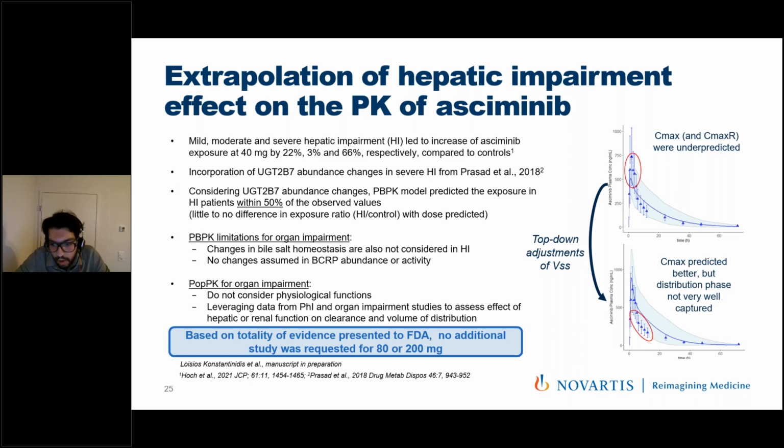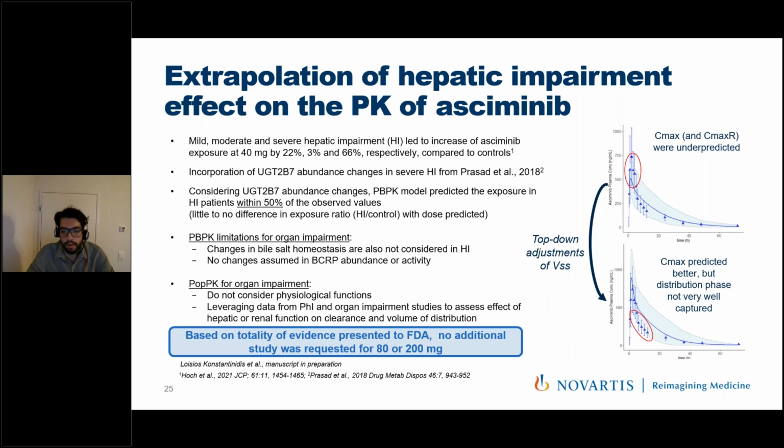And of course, after incorporating the UGT2B7 changes in the abundance, the PBPK model, even though it predicted the exposure in hepatic impairment reasonably well, within 50% more or less of the observed values, was still not considered to be accepted by the FDA.